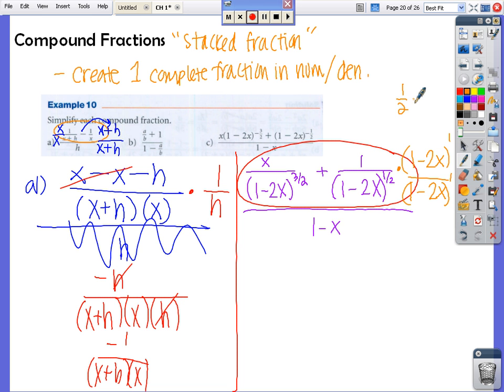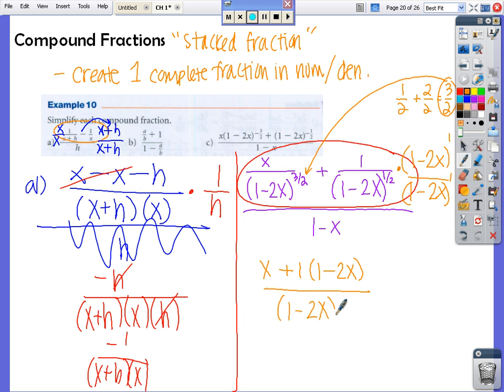So 1/2 plus 2 over 2 would give me the 3/2 power. That is over here. So I have x plus 1 times 1 minus 2x all over 1 minus 2x to the 3/2 power. And instead of dividing by 1 over x, I'm going to multiply by 1 over 1 minus x.